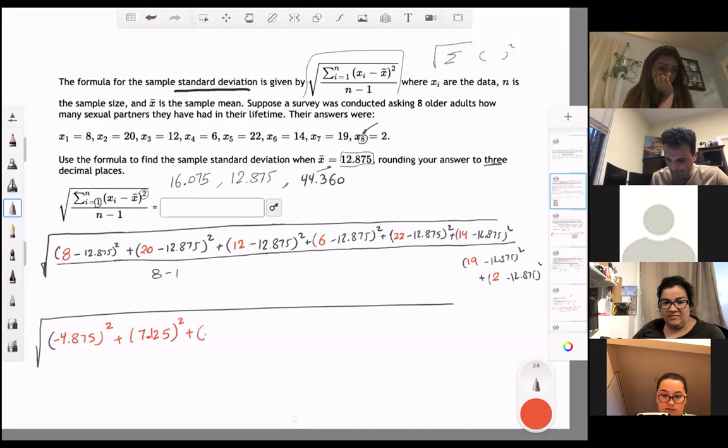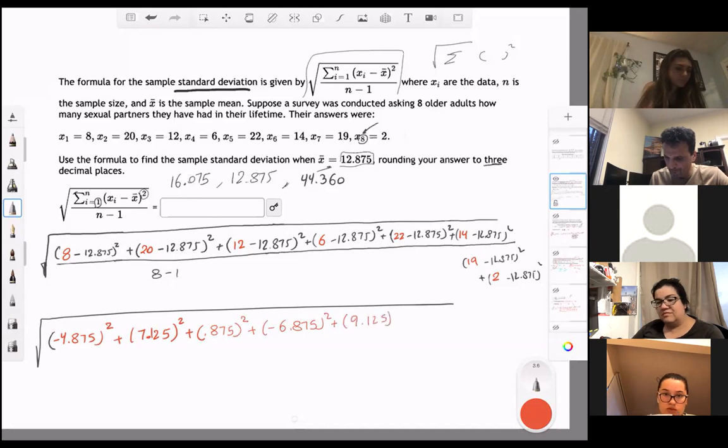This gives us 0.875 squared plus negative 6.875 squared plus 9.125. Is that correct? 22 minus 12.875. Correct.